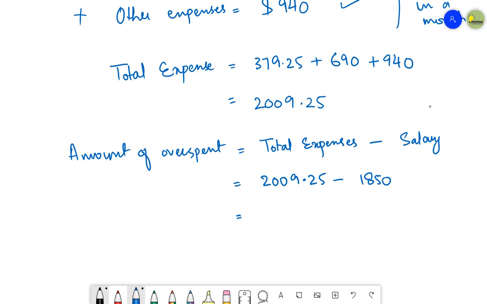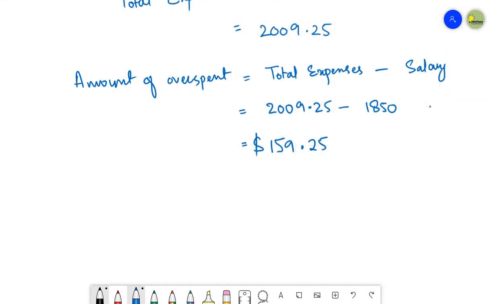So it will be 2009.25 minus 1850, that is $159.25. Okay, this is the amount of overspent in terms of exact value. But in the question, you have to find out the percentage of overspent money.